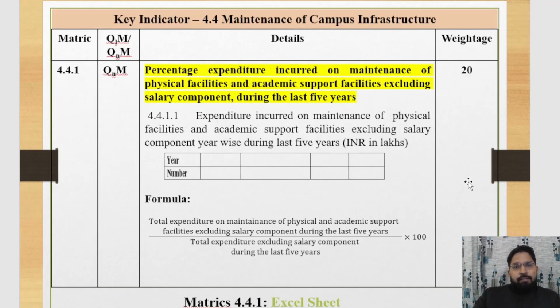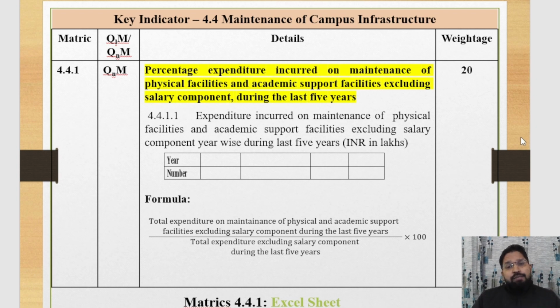Now we discuss matrix 4.4.1. This is the last quantitative matrix of Criterion 4, and the weightage of this matrix is 20. It is based on the percentage of expenditure incurred on maintenance of physical facilities and academic support facilities, excluding the salary component, during the last 5 years.